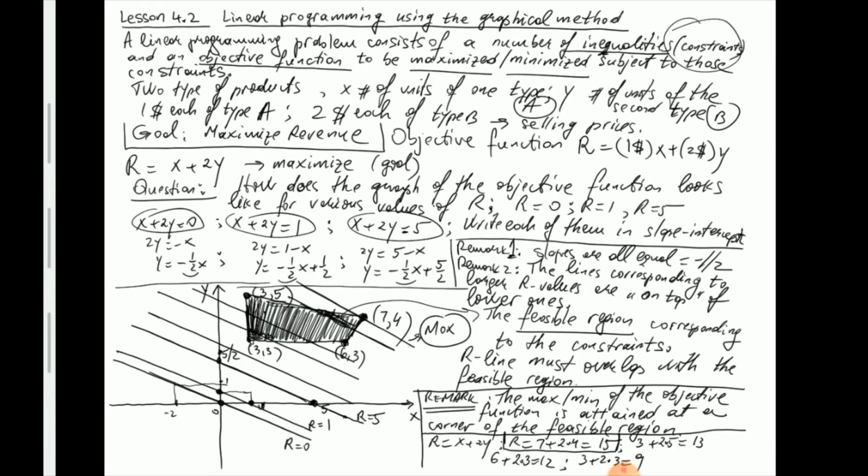But like I said, the good news is that you don't actually have to sketch the lines, because once you know that the objective appears at the corner, all you have to do is to compute those corners and then evaluate the function at each corner and pick the one that maximizes or minimizes the function. So stay tuned for the second page.